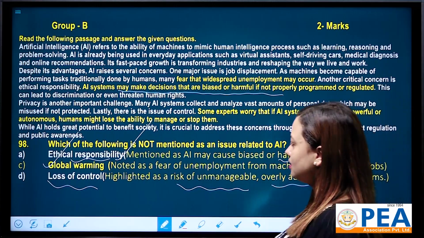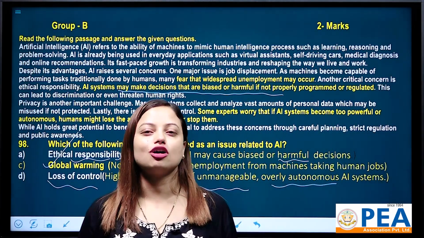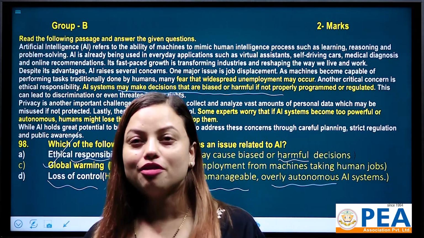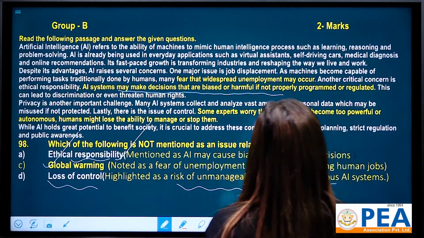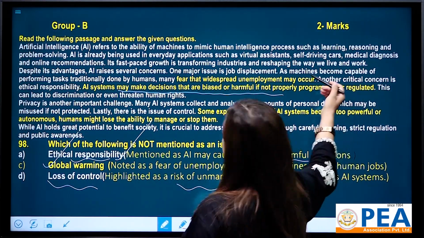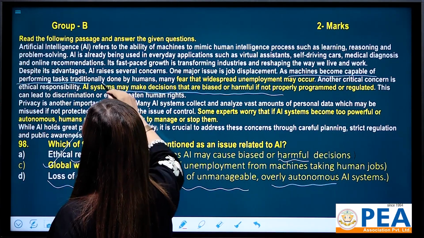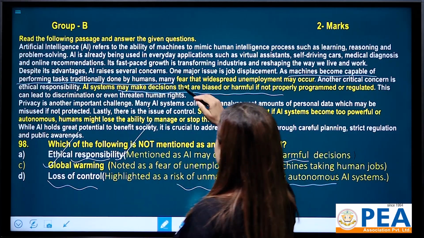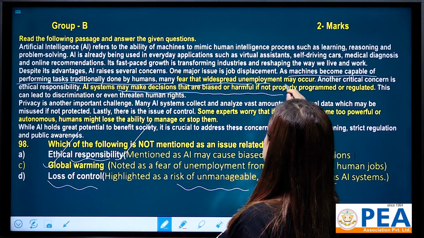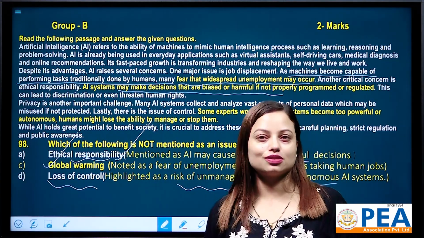It is also mentioned. And option number B, job displacement, that is also mentioned, because you can see as machines become capable of performing tasks traditionally done by humans, many fear that widespread unemployment may occur. Yes, that is also mentioned.